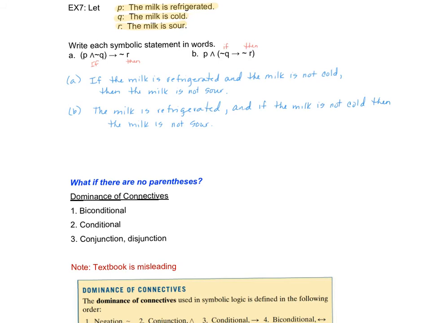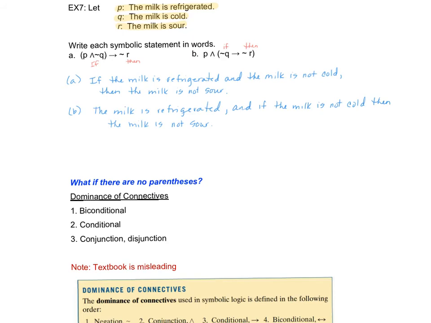I've done a direct translation from the symbols to the words. The milk is refrigerated, and if the milk is not cold, then the milk is not sour. Okay? So notice that the if-then is in a different place because of my grouping.